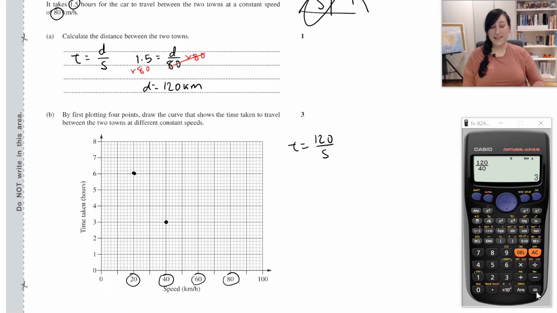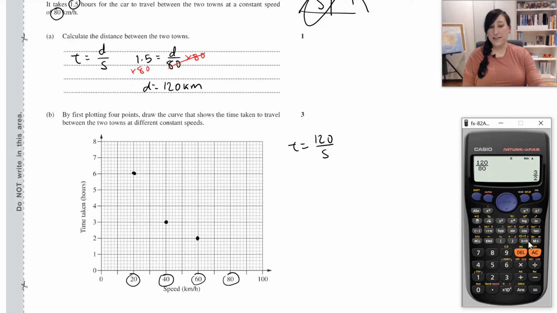Now let's try 60. The time would be 120 divided by 60, and that's 2. So when we travel 60 kilometers per hour, it takes 2 hours. Now let's get our fourth point and plug in 80. The time will be 120 divided by 80.